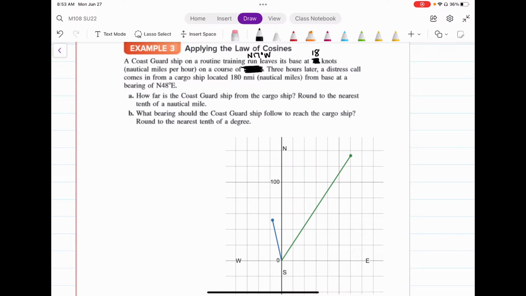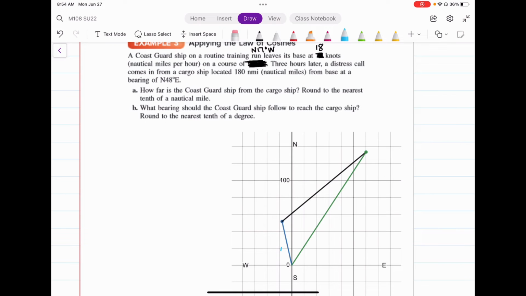I'm going to connect the blue line to the green line to show you what distance it is that we are trying to figure out and calculate for part A. Filling in the information that we have, this angle of the blue line to the north-south line is 17 degrees, and the angle from the green line to the north-south line is 48 degrees.